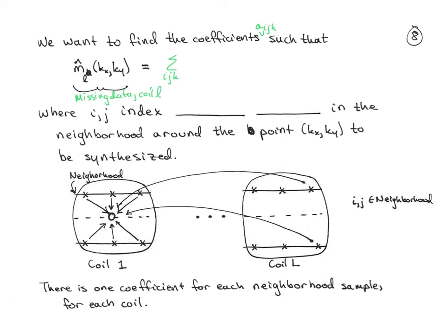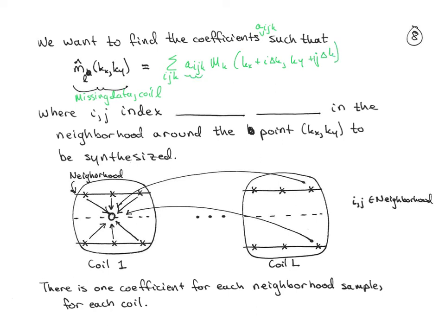Okay, we're going to try to figure out what the coefficients are to satisfy this expression: a sub i j k times m sub k of kx plus i delta k, comma ky plus j delta k.